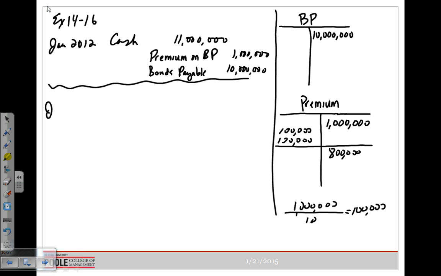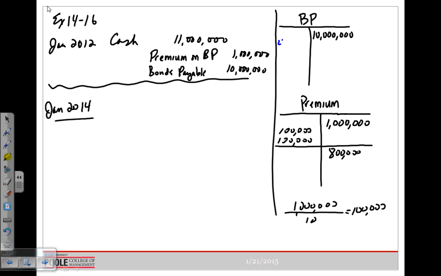Now, what would we do on January 2014 to take care of that conversion? Well, remember that only 40% of the bonds are going to be converted. And so $4 million of the bonds payable are going to have to come off the books.